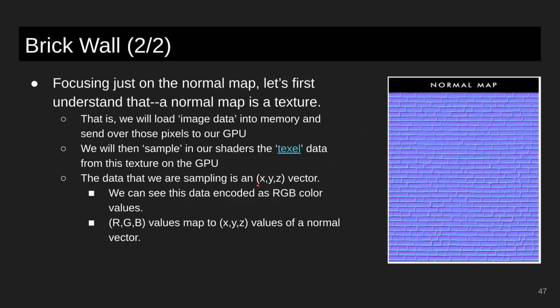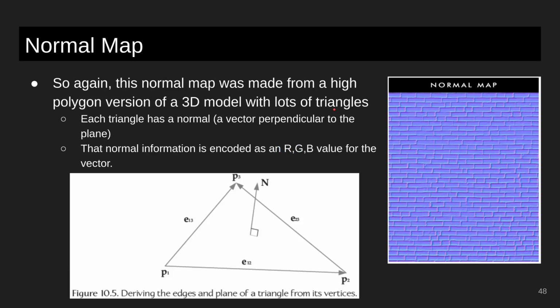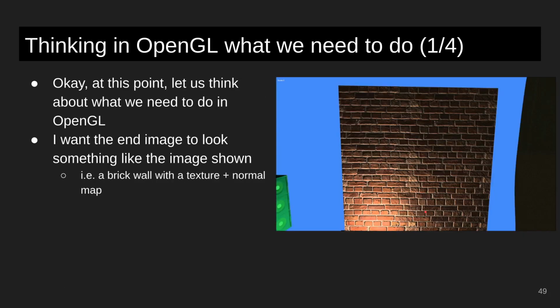And then we'll sample each individual one as X, Y, and Z data, or normal vectors, on a per pixel level. So again, the normal map is made from the high polygon 3D model with lots of triangles. Each of those triangles had a normal, and then we encoded that normal as an R, G, and B value for a vector. And there are 3D tools that automatically do this for us, which is pretty cool.